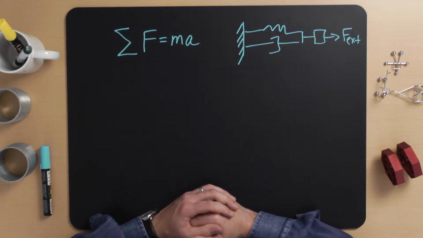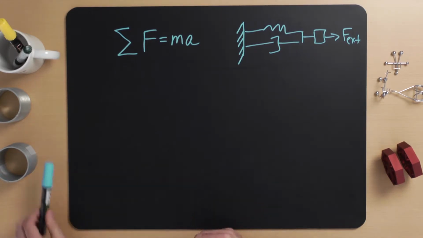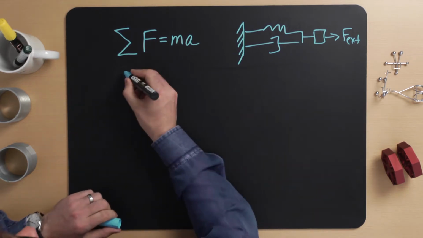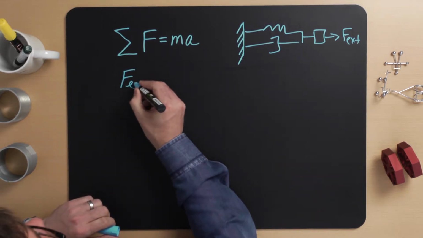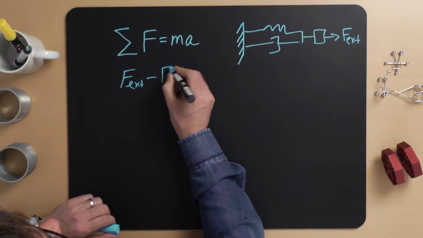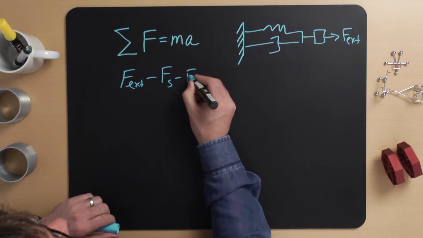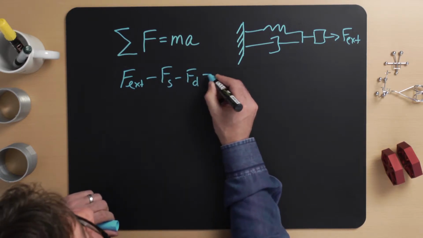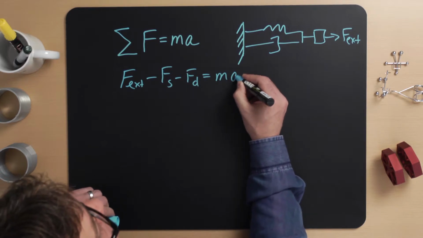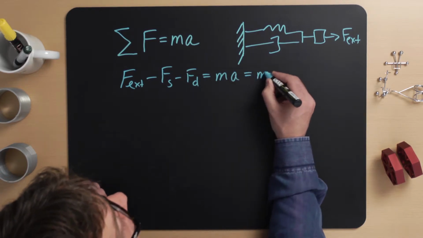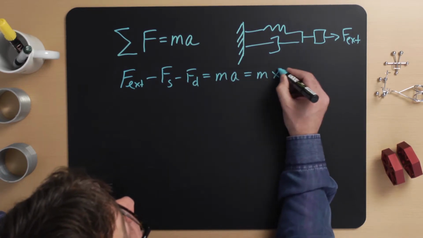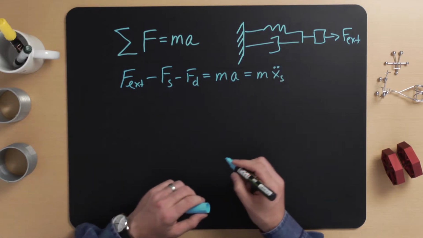Let's look at a model of a mass with a spring and a damper. The sum of the forces is equal to the mass times acceleration. So we get F external minus the spring force minus the damping force because of our sign conventions. And those are equal to mass times acceleration, which we know is equal to mass times the second time derivative of the position of the spring.